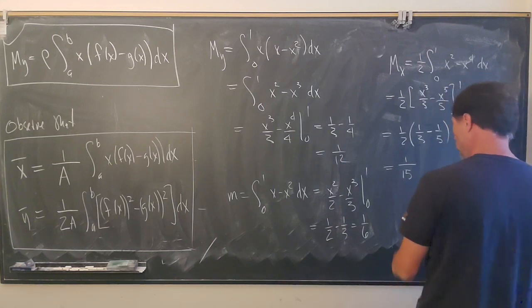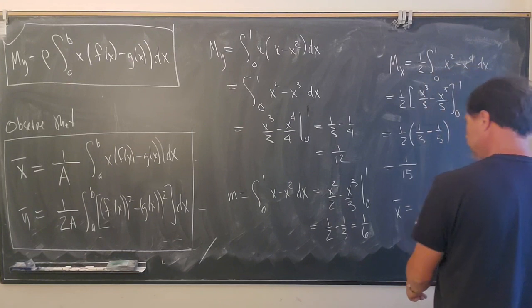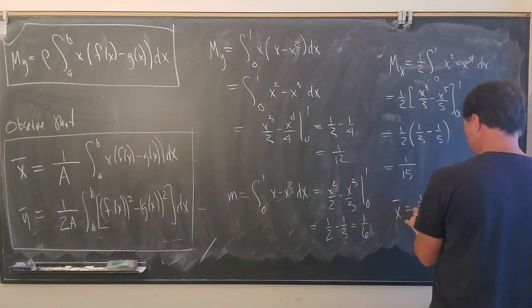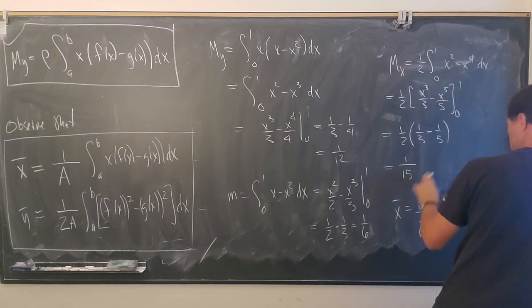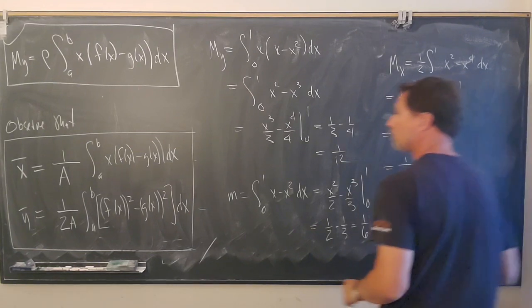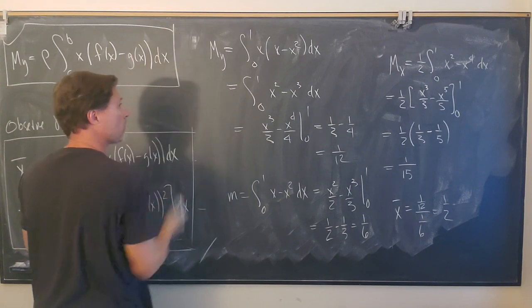So now what we have is x bar is going to be 1/12 divided by 1/6, which is 1/2, and y bar, did I miss my 1/2? Oh no, I got it.